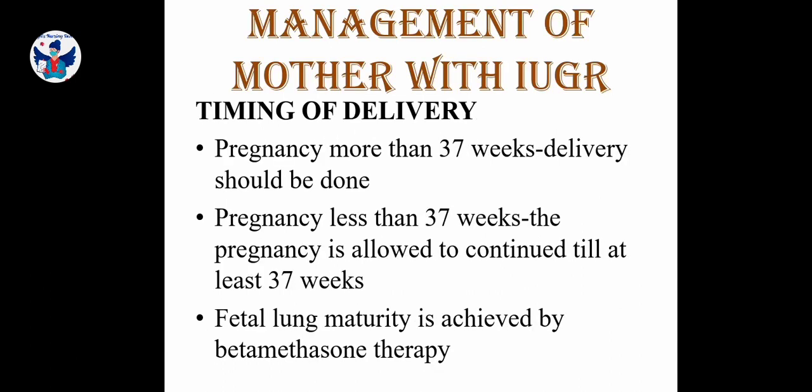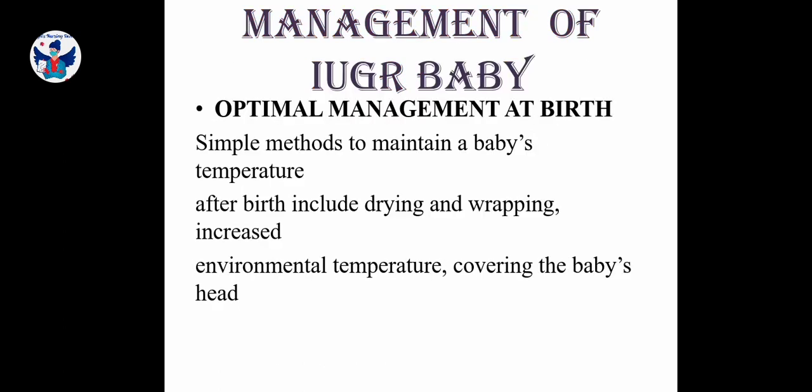So if the gestational week is 37 weeks, immediately we can go for delivery. And if it is less than 37 weeks, maximum we can wait up to 37 weeks. Then fetal lung maturity is achieved by betamethasone therapy.